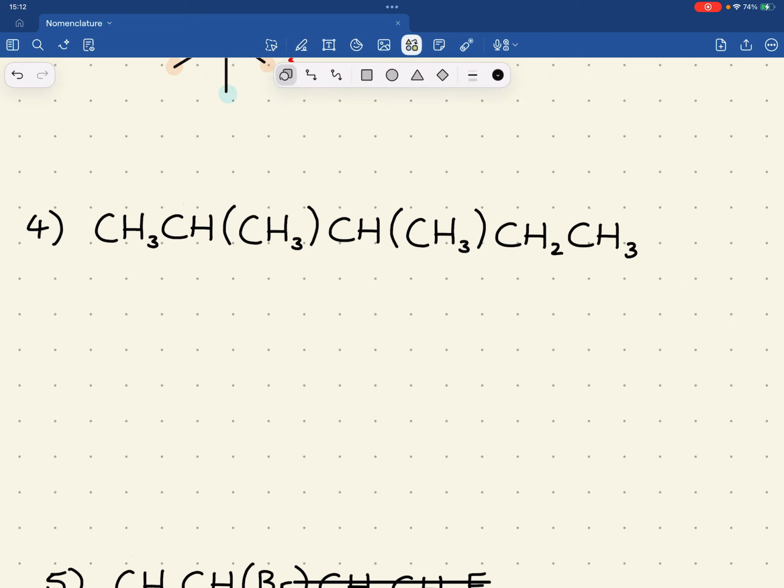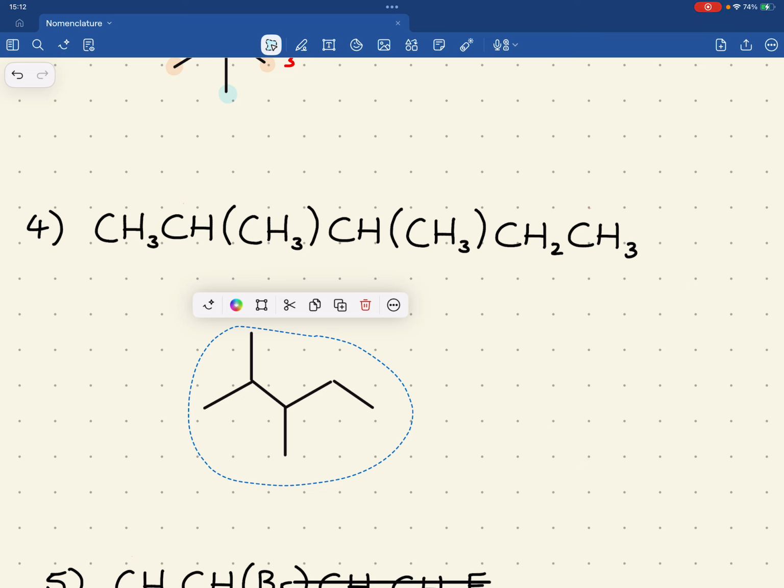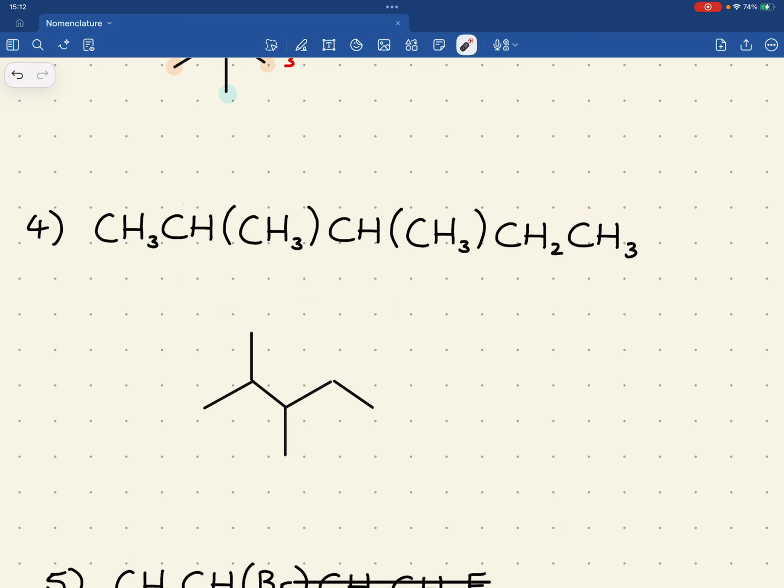And again, let's draw this skeletally. Let's try and get this to match. It's better. Okay, so the compound that we've got there is the structural formula here.